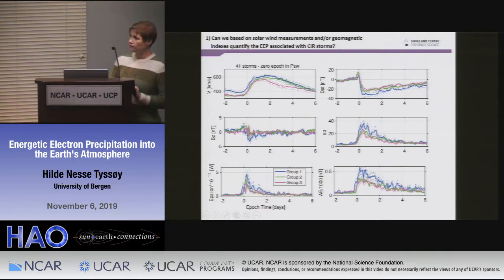But group 1, having a more negative BC, means more energy, here shown in terms of epsilon. It shows that there is more storm time energy available in the group 1 storms. More storm time energy, stronger geomagnetic signatures as well.